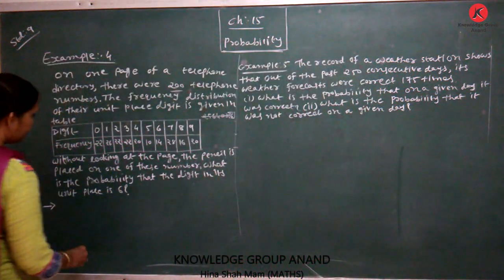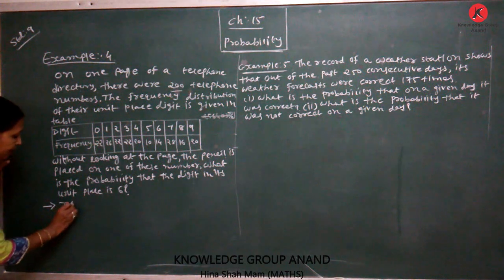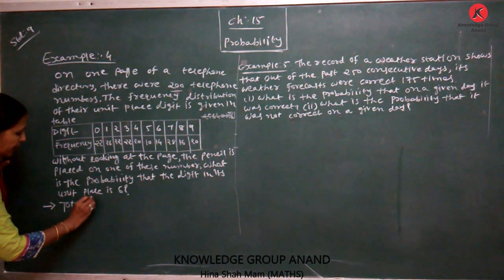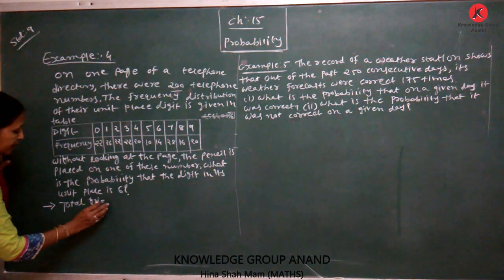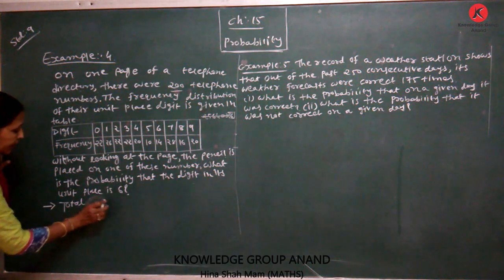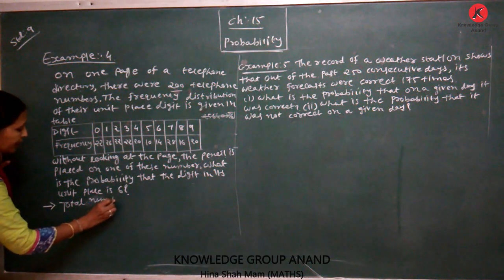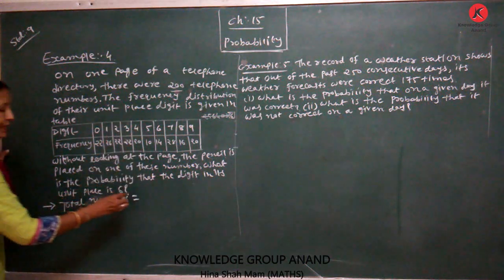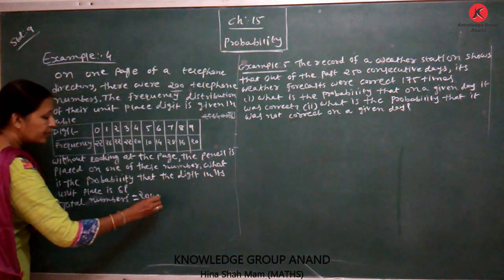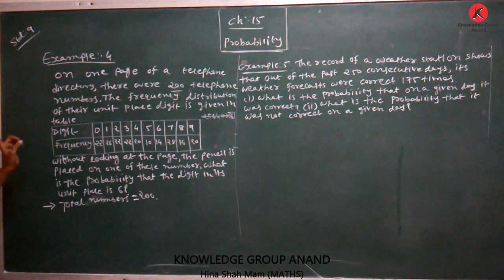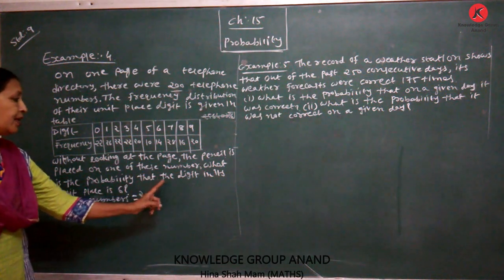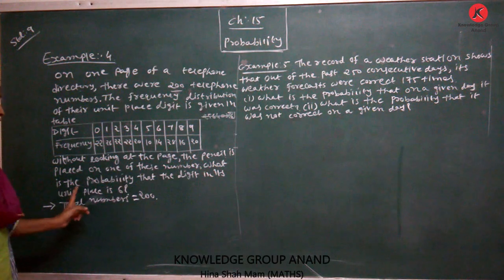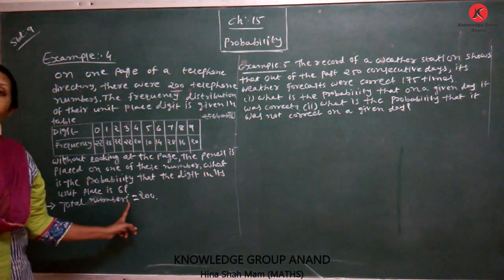Here we write total trials, total numbers: on a page the total is equal to 200. We find the digit in its unit place is 6. What is the probability?